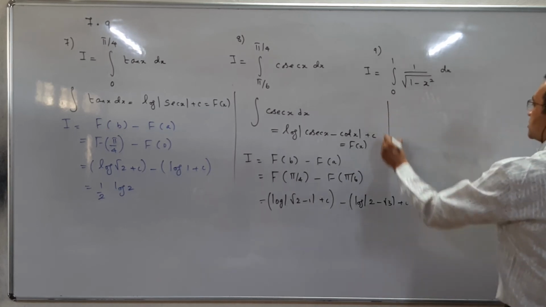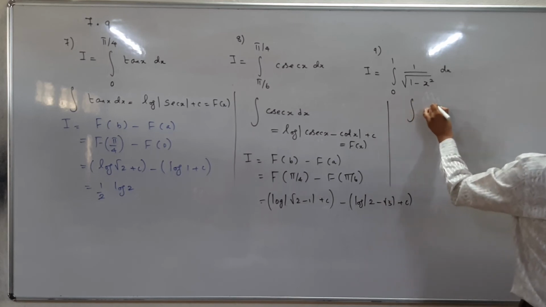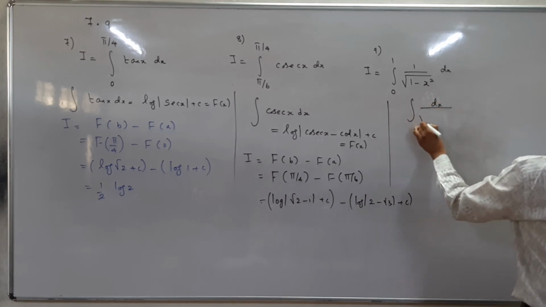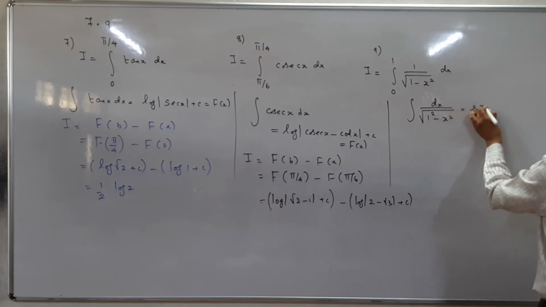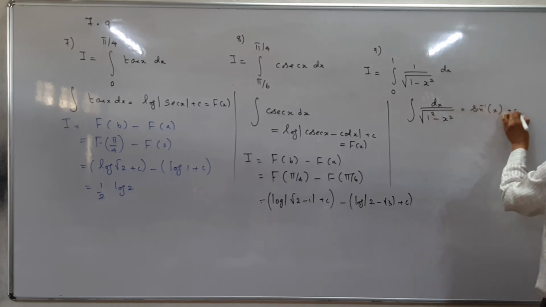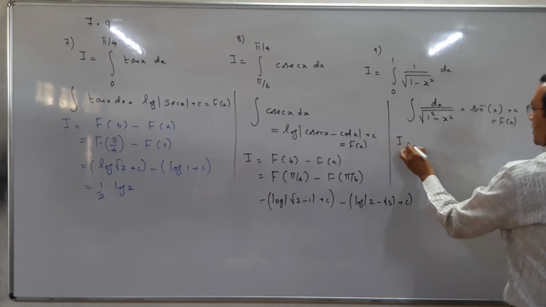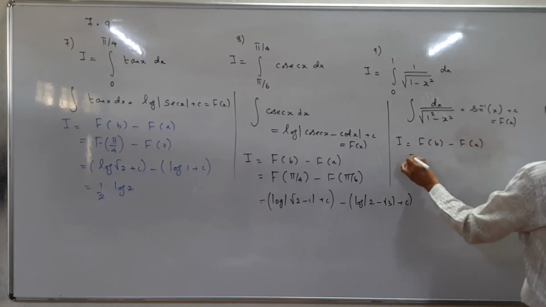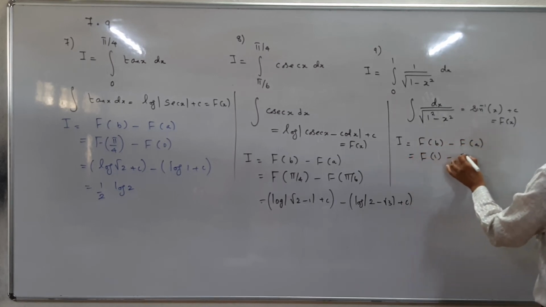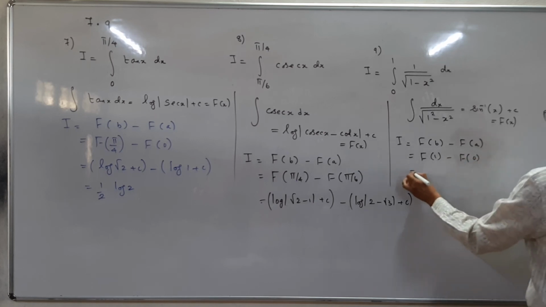Okay. Now, what is the integration of 1 upon under root 1 minus x squared dx? All of you know this. Indefinite integration dx upon under root 1 square minus x square is nothing but sine inverse of x plus c, and that is F of x. So according to second fundamental theorem of integral calculus, this is F of 1 minus F of 0.